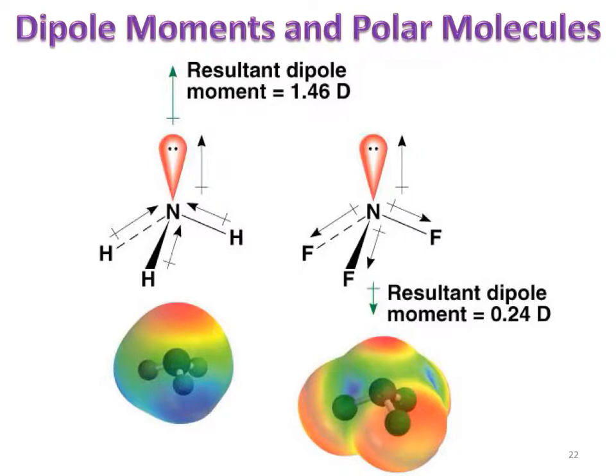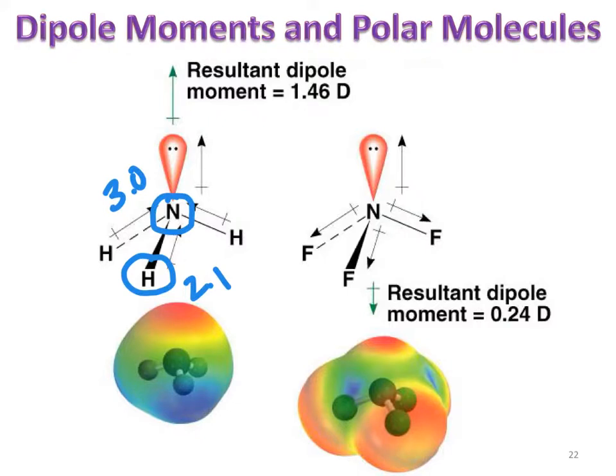Looking at dipole moments in molecules, the first one we're going to look at is ammonia. The hydrogen has an electronegativity of 2.1, and the nitrogen has an electronegativity of 3.0, so these bonds all have their negative end at the nitrogen, which would indicate a more negative end at the nitrogen.